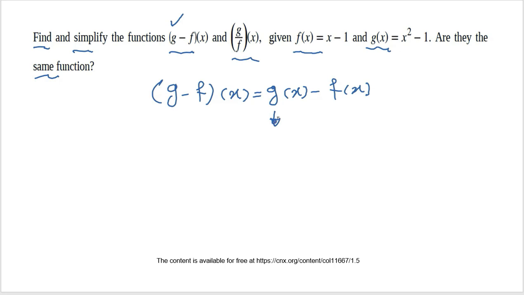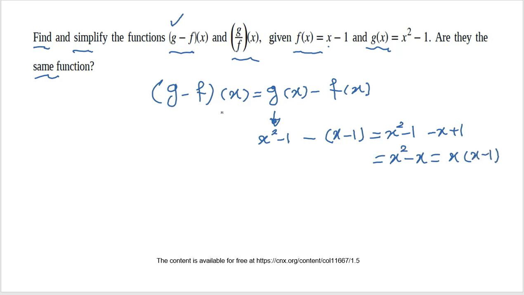So g of x is x squared minus 1, minus x minus 1, and that's equal to x squared minus 1 minus x plus 1. So it's equal to x squared minus x, which is x times x minus 1.